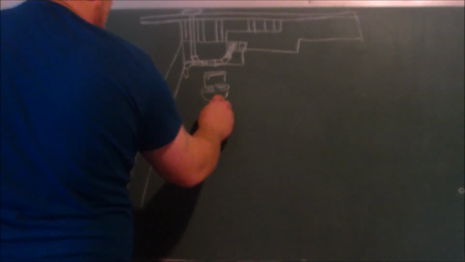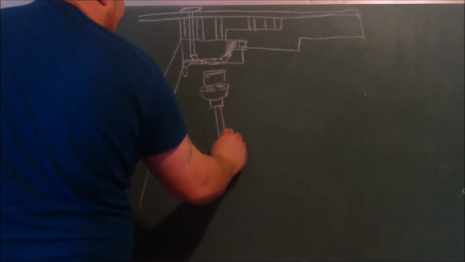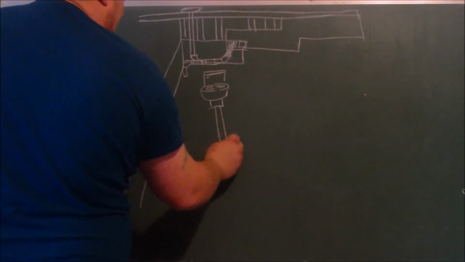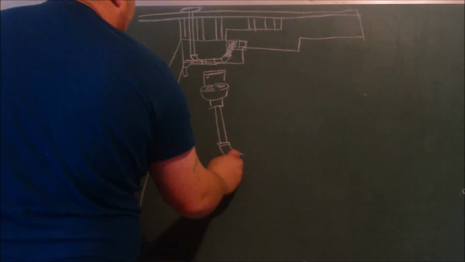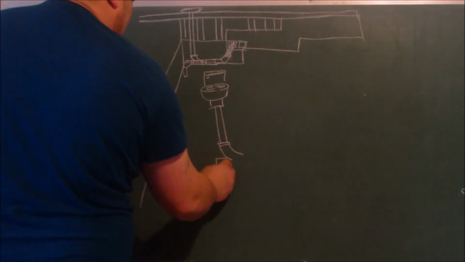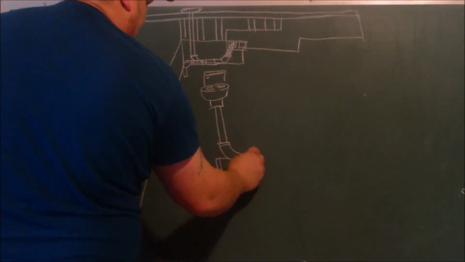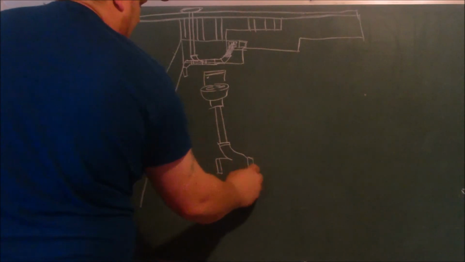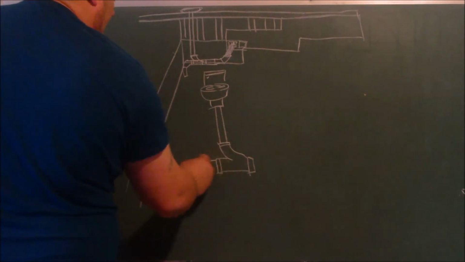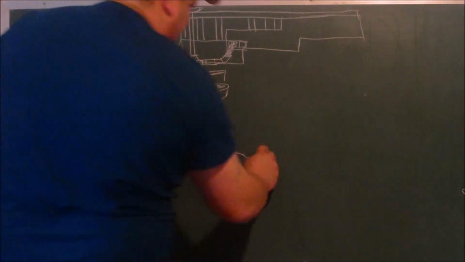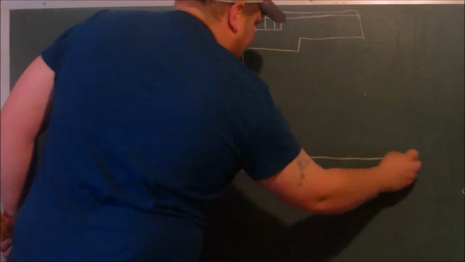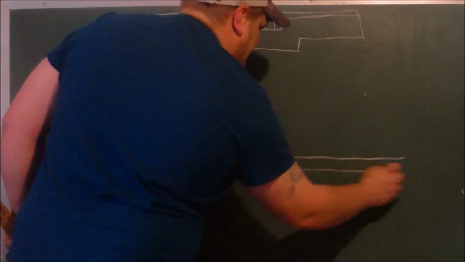Now your line comes down, let's say 2.5 or 3 feet, and then it would go into a Y, or not a Y, a T that's kind of made like that. Okay, and then your 4-inch line goes out to your septic tank.